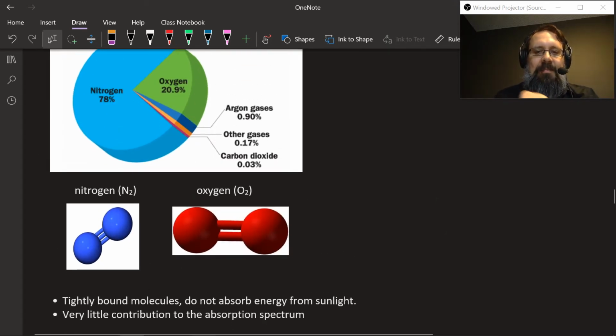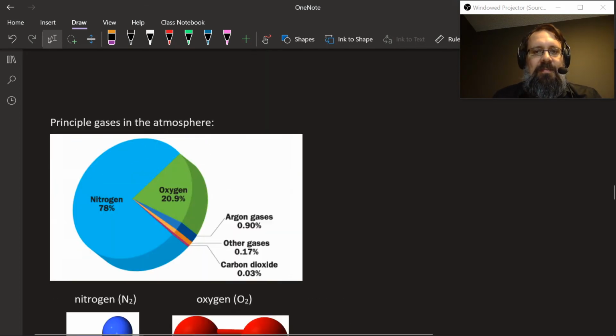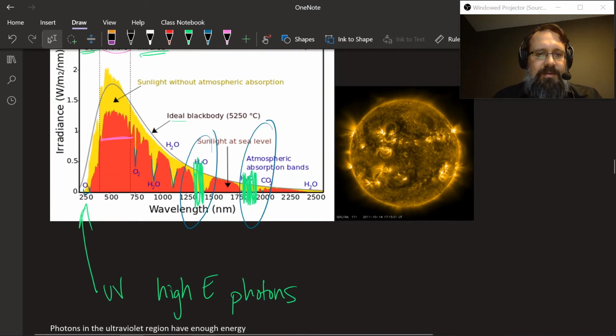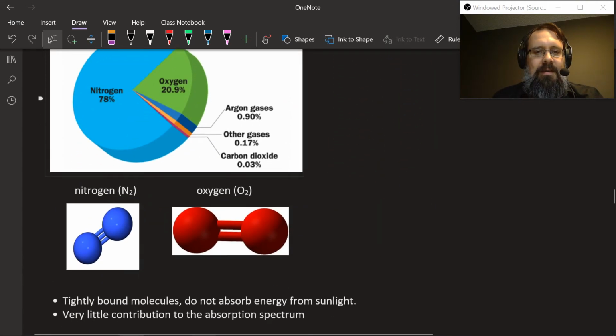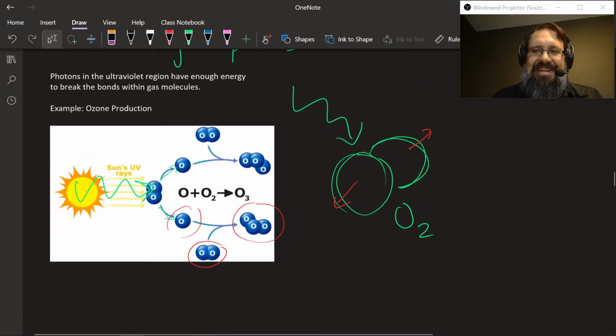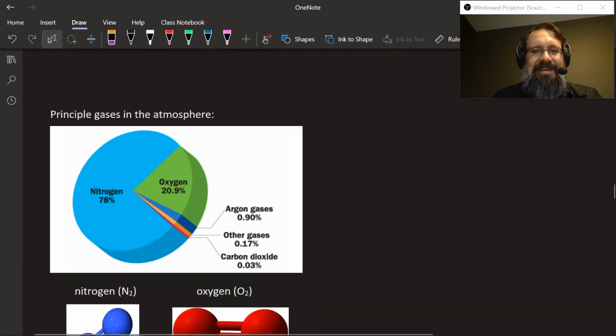They're super tightly bound, and they don't absorb energy from sunlight. So there's very little contribution from these normal gases to the absorption spectrum. None of these holes or gaps are caused by nitrogen and oxygen. They're caused by other stuff. And I guess technically you could say that it's oxygen here, but yeah.